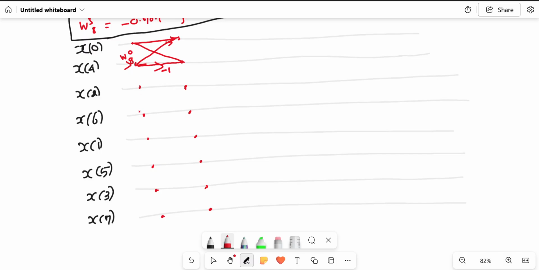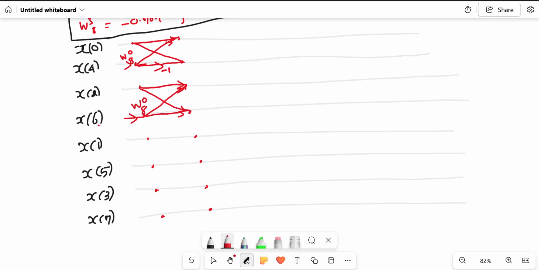Similarly here x of 2. For this 8-point FFT, how many stages? N is equal to 8, so 3 stages. The basic 2-point computation always has W0 of 8.